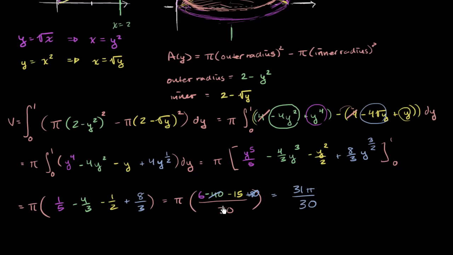I have a suspicion that I might have done something shady in this last part, so I'm going to do it one more time. 80 minus 40 is 40, plus 6 is 46. 46 minus 10 is 36, minus another 5 is 31. So yes, we get 31 pi over 30 for our volume.